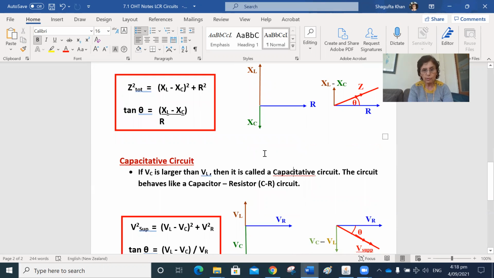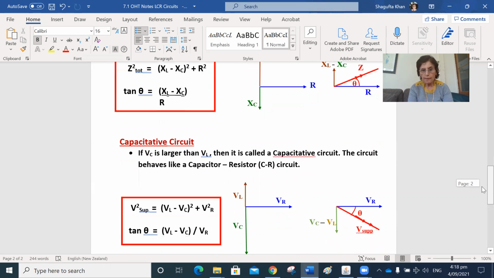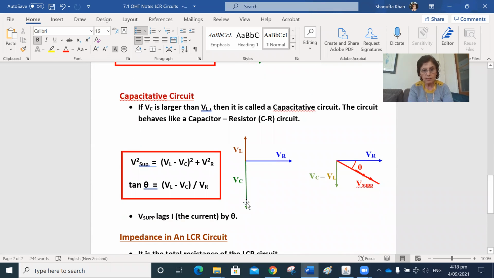If XC is more than XL, then obviously VC will be more than VL. And if VC is more than VL, then it becomes like a capacitive circuit. So even though the inductor is there, the circuit behaves as if the inductor wasn't there and it was only a capacitor and a resistor.